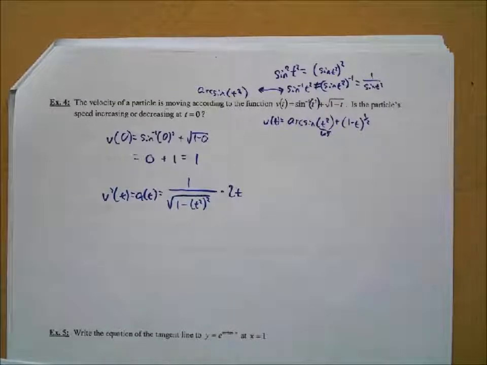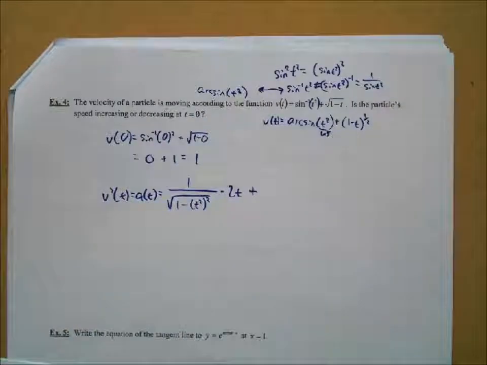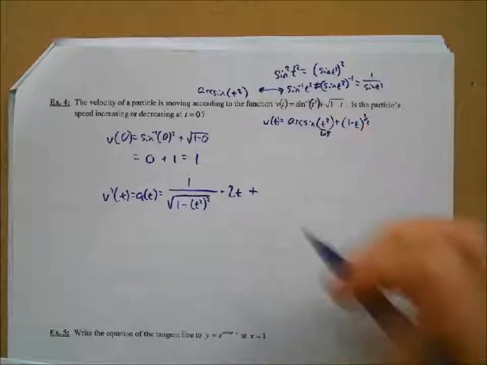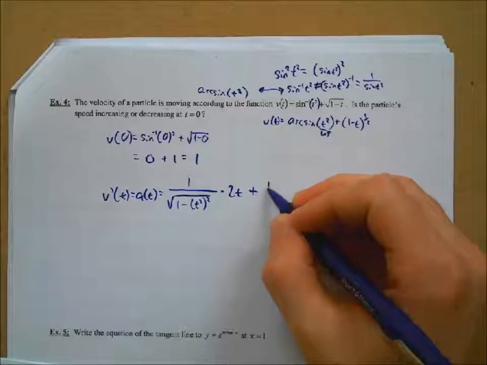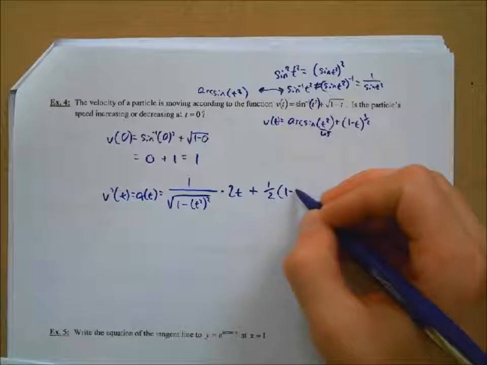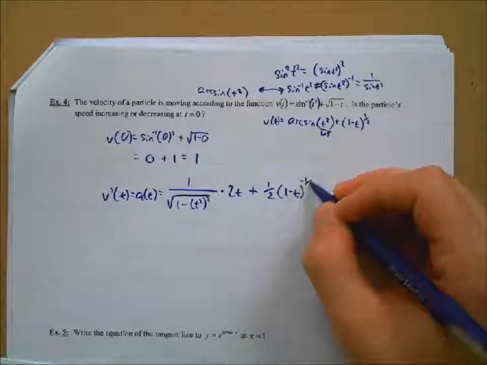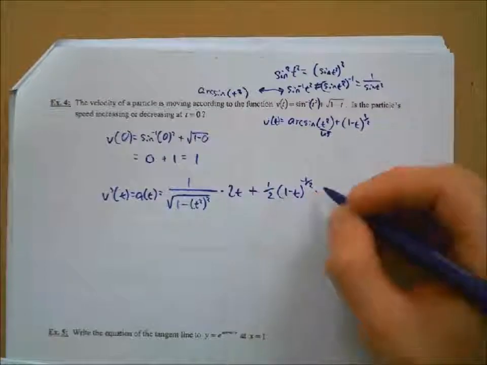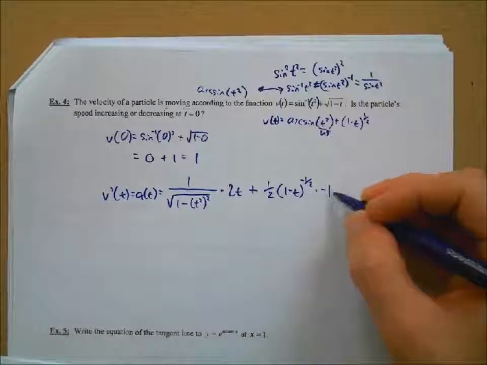So there's the derivative of sine inverse plus the derivative of 1 minus t to the 1/2. What would that be? So 1/2 times 1 minus t to the negative 1/2 times the derivative of what's inside, which would be negative 1. Don't forget your chain rule there. The derivative of 1 minus t is negative 1 there.